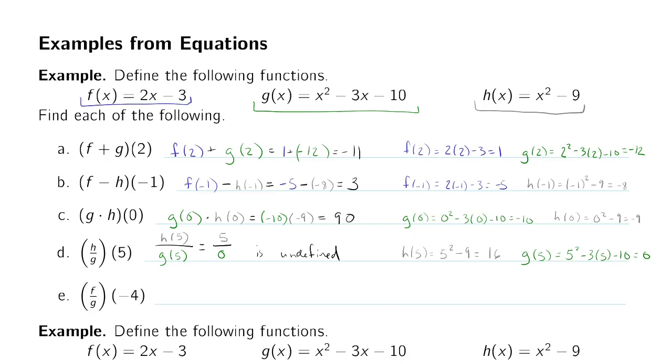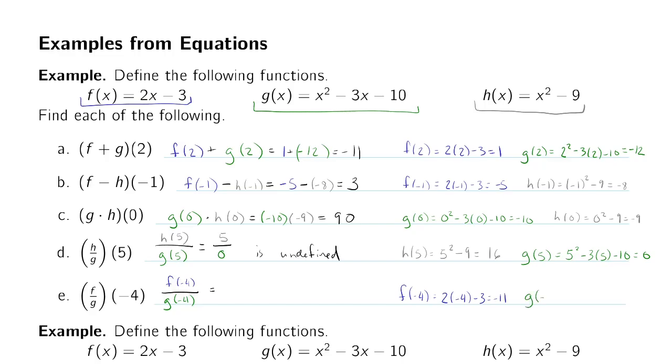But that won't always happen, right? We can take, for example, f over g of negative 4. That'll be f of negative 4 over g of negative 4. And then we'll say f of negative 4 is 2 times negative 4 minus 3, which is negative 11.